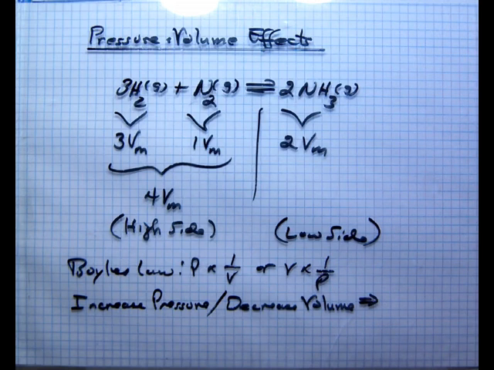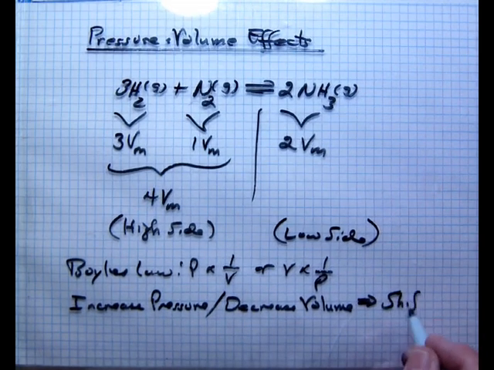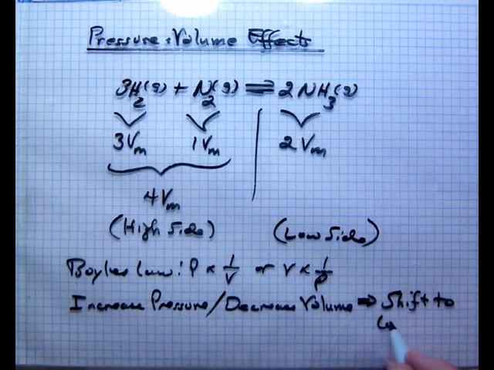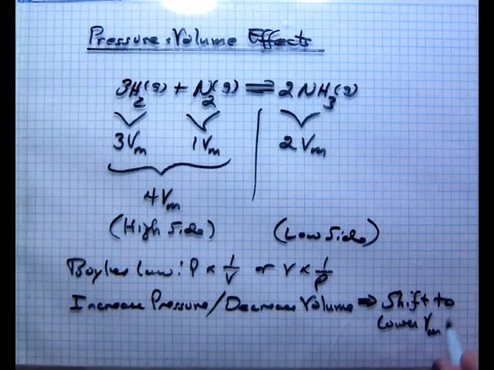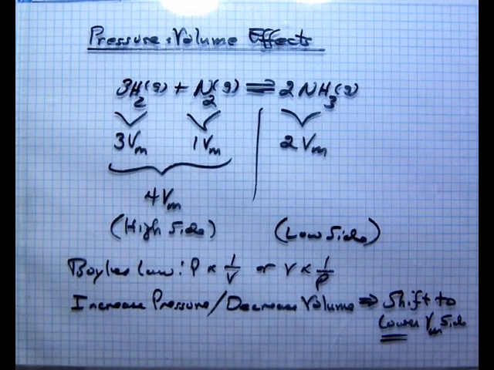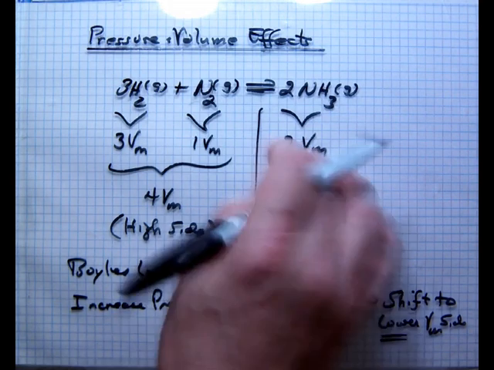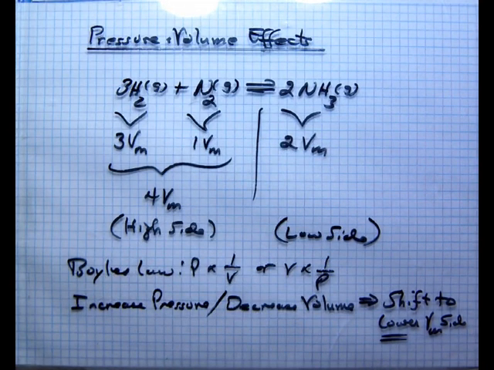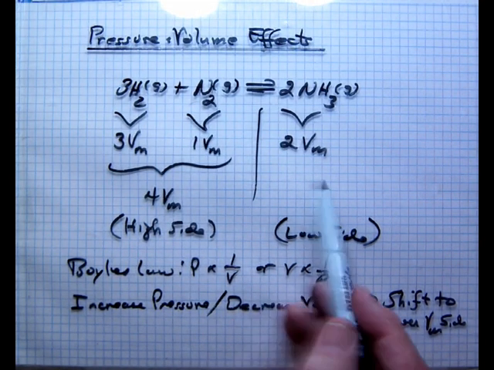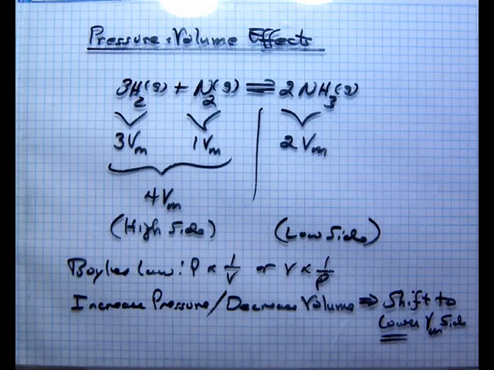Which side? To the low side. Increased pressure, decreased volume, shifts to the lower molar volume side. We don't talk right and left in this context. We talk about who's got the most molar volumes. So if I increase pressure, consequently, as a result of a decreased volume, I'm going to shift to the low side. So this would be shifting to the right.